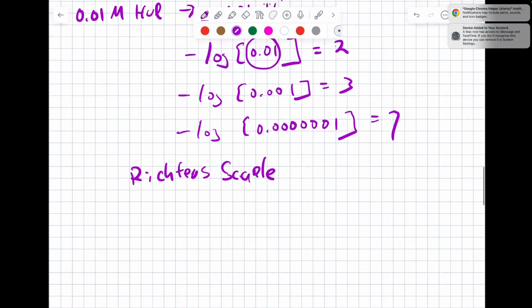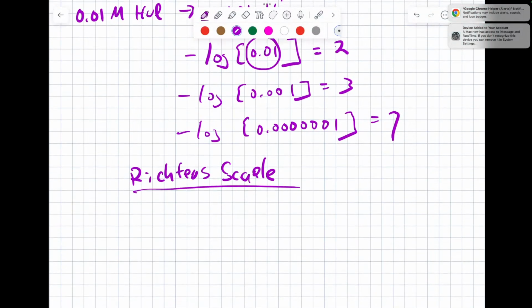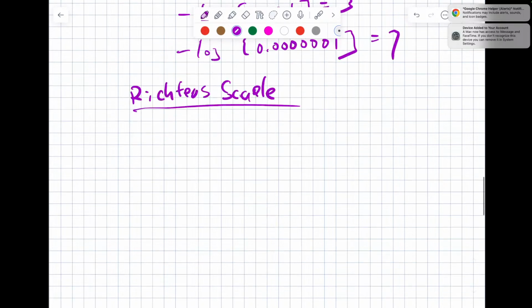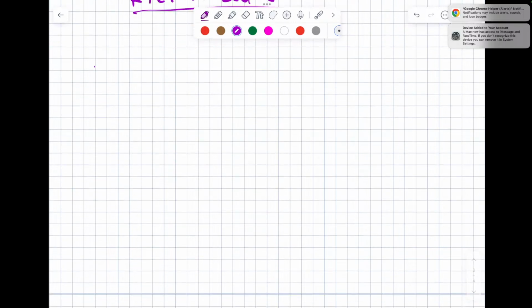Okay, so the Richter scale is a scale of 10. And you're going to say, okay, well, good, I know what the logarithm is. Logarithm is based on 10, but there are different types of log. So log here with no base means a common log, base of 10.